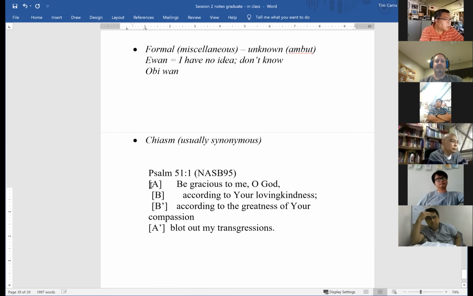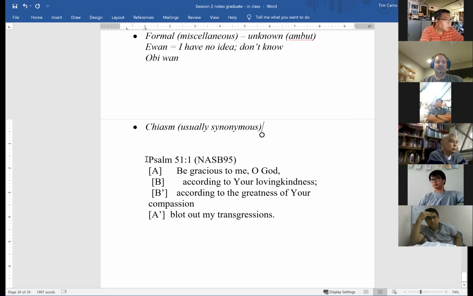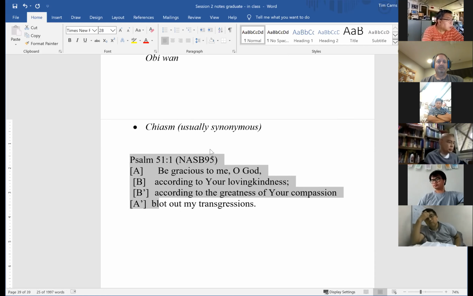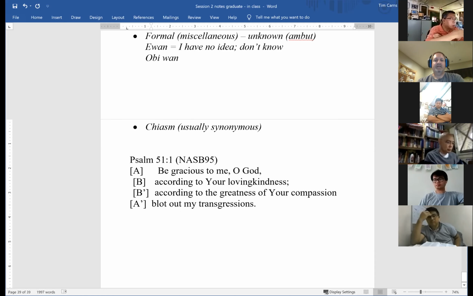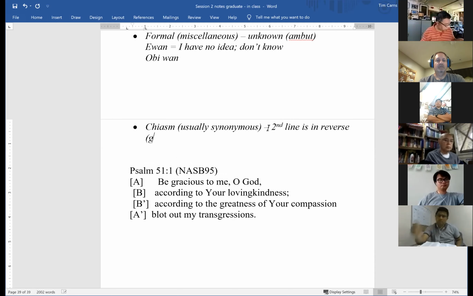All right, if you'll remember, let's move this over so you can see this. Chiasm is where the second line is in reverse grammatically compared to the first.